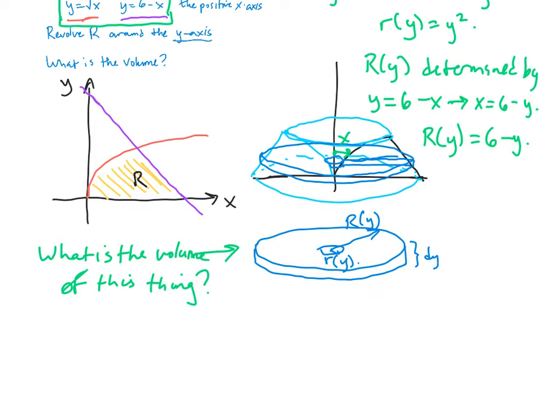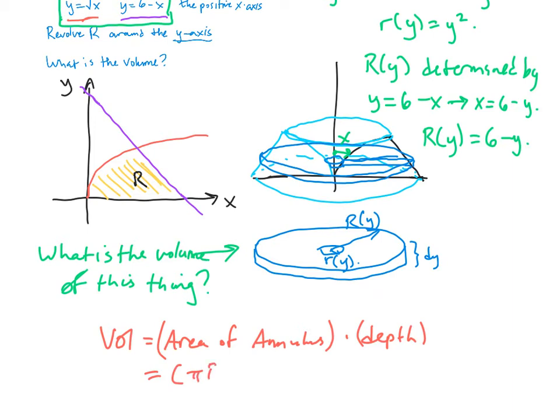That volume is going to look like the area of that annulus. Annulus is just a fancy name for the area between two circles. It's going to be the area of the annulus times the depth of the washer. And that's going to be pi big R squared minus pi little r squared times dy.